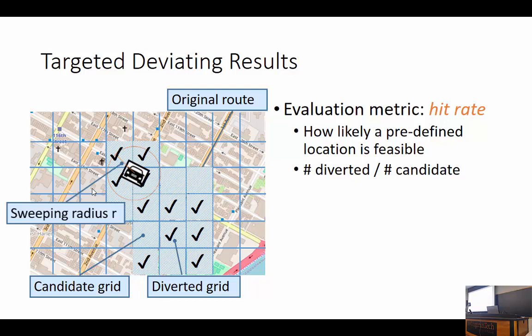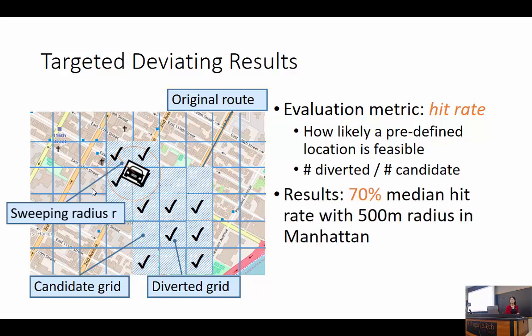And we find that 70% of those locations can be reached, essentially where the victim is diverted to that particular location. Among all those grids, we call this a hit rate.